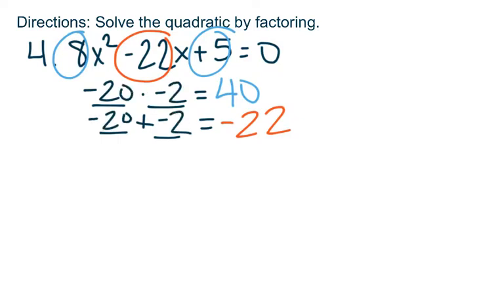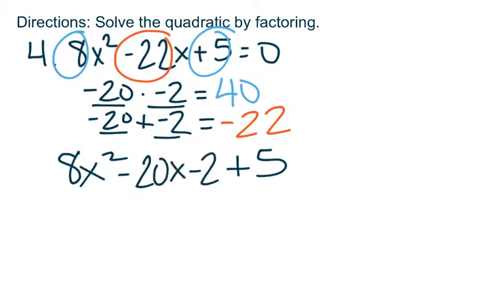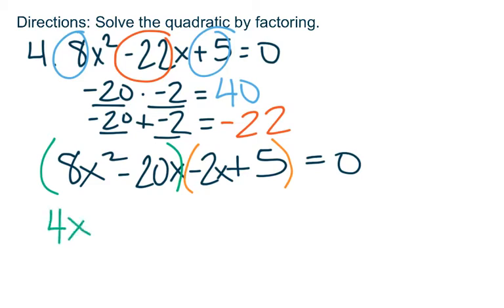Okay, so remember, I'm taking those two numbers and I'm rewriting that middle. So 8x squared stays, plus 5 at the end stays, and instead of -22x, I'm going to have -20x minus 2x. And now I'm going to start grouping. So I'm going to group the first two together, and I'm going to group the last two together, and then I'm going to pull out a GCF. So if I look at the green parentheses, they have a GCF of 4x, and when I do that, I'm left with 2x minus 5.